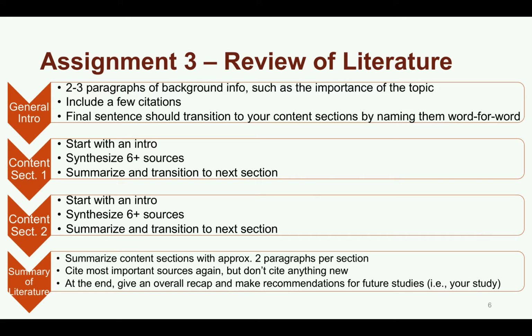You'll cite, again, the most important sources that you included above, but do not cite anything new in your summary of literature section. And at the very end, you give an overall recap and make recommendations for future studies. So what you need to do is identify where the gap in the literature is that you plan to fill with your study that you're doing for your independent study, your thesis, your dissertation, etc.